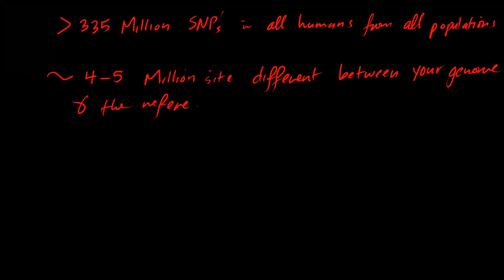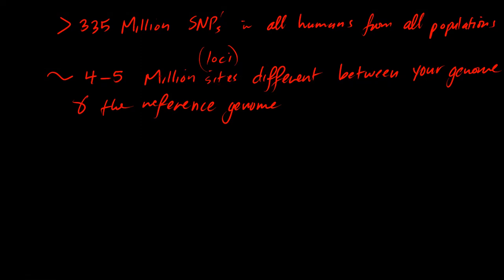This is the human genome that has been sequenced, or a typical human genome we use for comparison. So basically, each one of us will have 4 to 5 million sites or loci, plural of locus, that are different. We are different in 4 to 5 million locations within our genome.